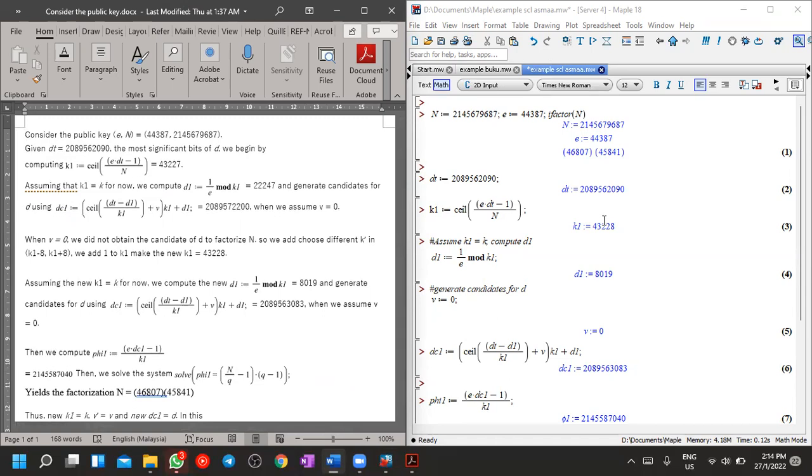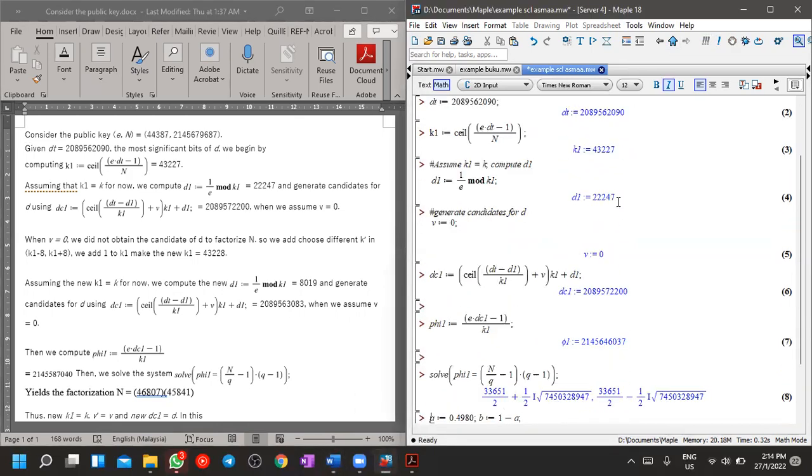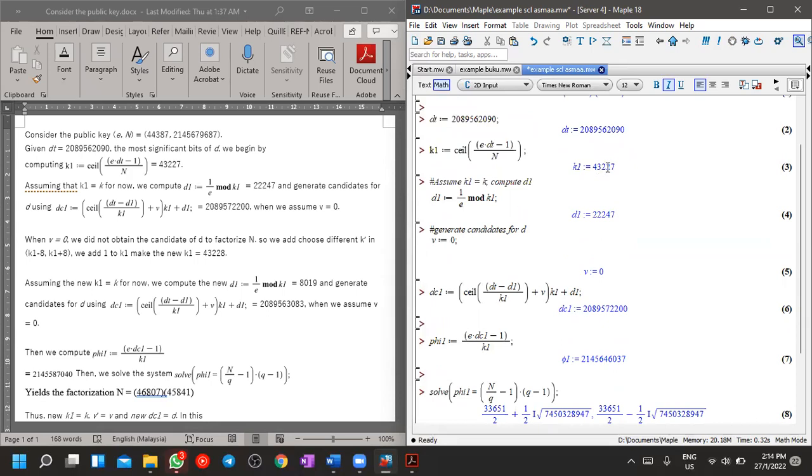From dt, we compute k1, which is the floor function of (E multiplied by dt minus 1) over N, and we will get 43227. Then we assume k1 is equal to k. We compute d1, and we will get this, 22247.